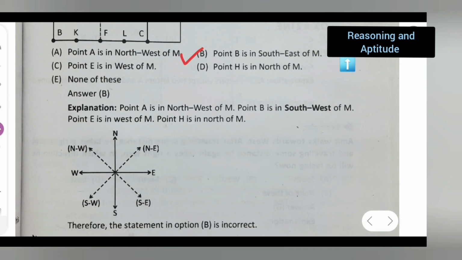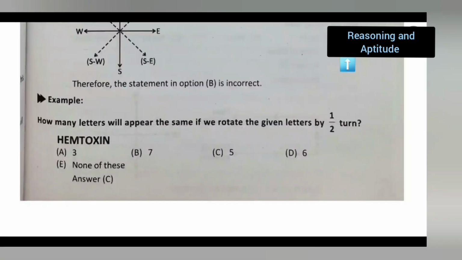Next, moving towards the next example, you all can take it down. How many letters will appear the same if we rotate the given letters by 1/2 turn? HEM, HAMTOXIN. Here options are given. Option C is the correct option.